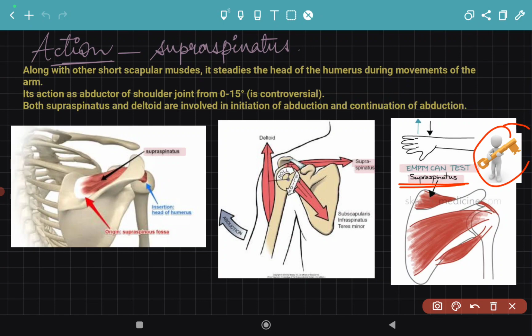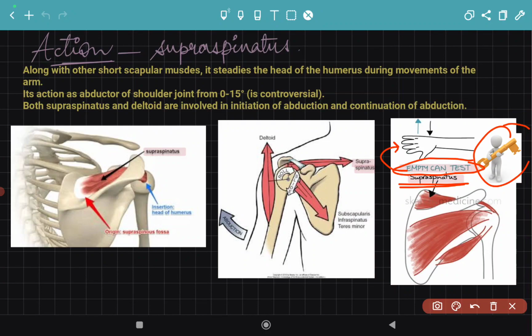So to come to a conclusion that there is some problem for sure, we can perform a test called the empty can test. Empty can test, as the name suggests, the action in the diagram is mimicking as if one is trying to empty a can full of water.